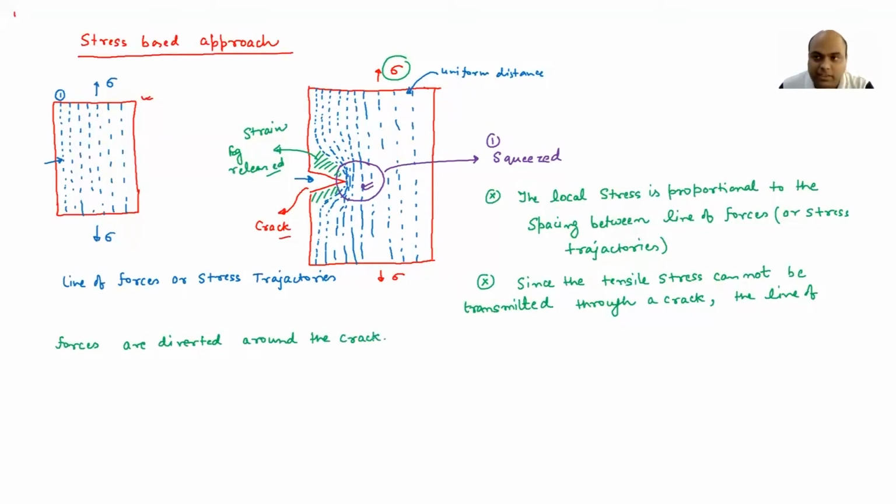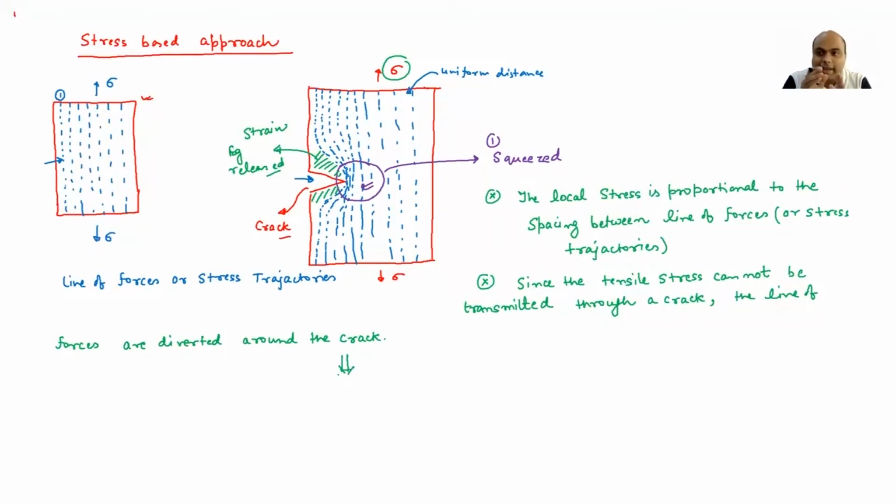You have seen that line number one, you can imagine it was coming down, it saw the presence of a crack, so it gets diverted and then concentrated in front of the crack tip. Now, this is going to lead to the squeezed region.